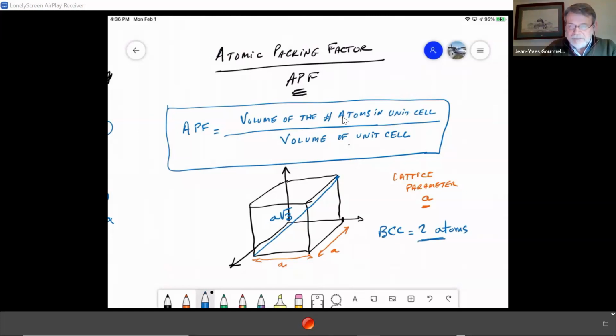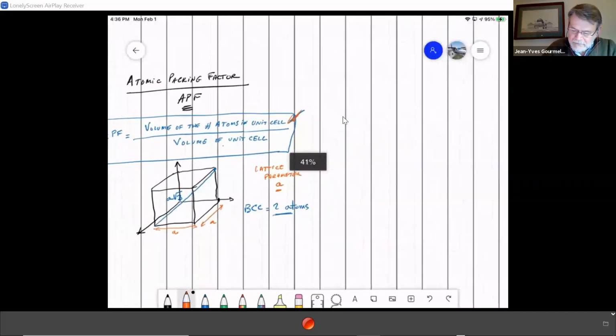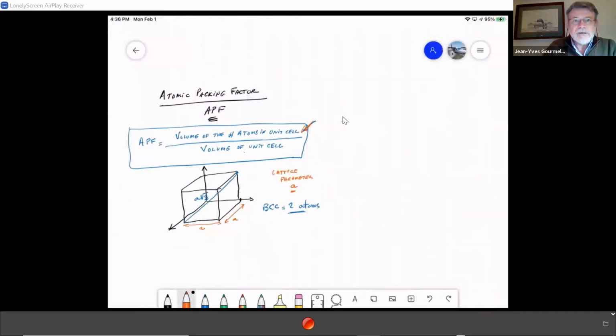What kind of a geometric shape is an atom? It's a sphere, right? So we were precisely at the point where we were calculating the numerator here, the volume of the atoms in a unit cell, right? So now, what is the volume of atoms in a unit cell?